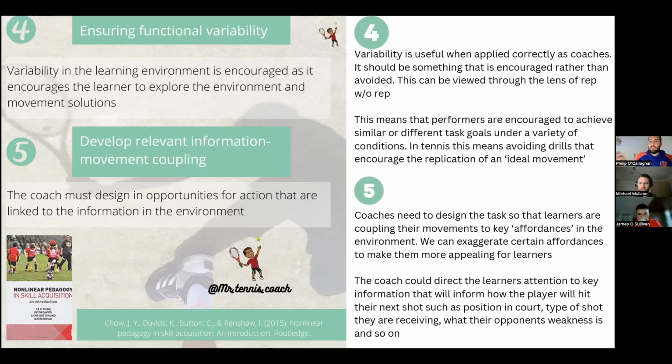I know that might sound a bit complicated, but basically we need to make sure that the key information is present, like representative learning design, and the players are coupling their movements to that. One of the main things there is, if you're playing an invasion game or a divided court game, having an opponent there, so they're learning to couple their actions to key information from their opponent.